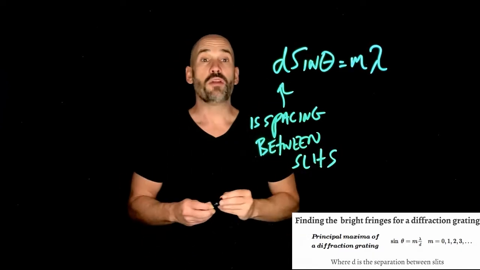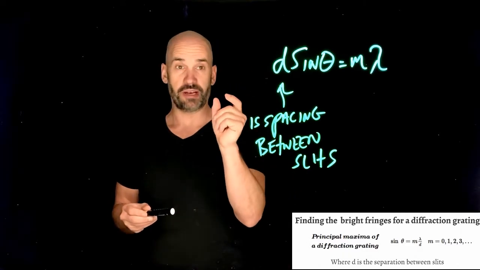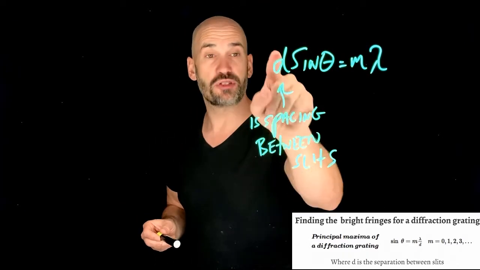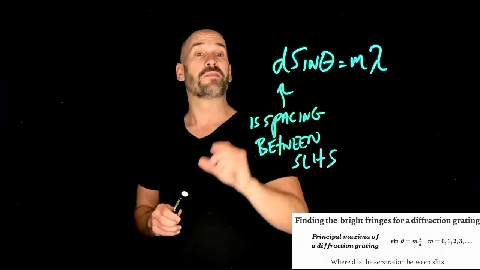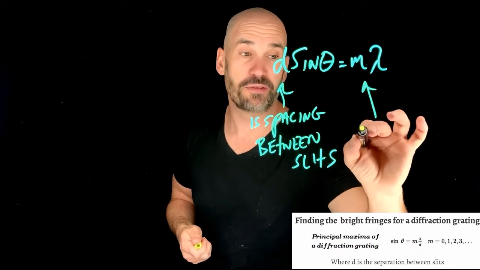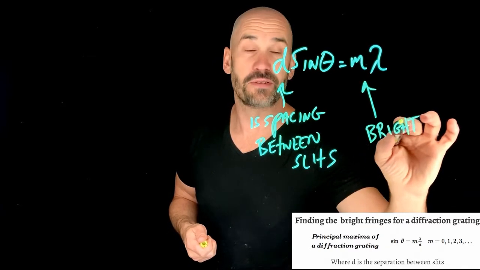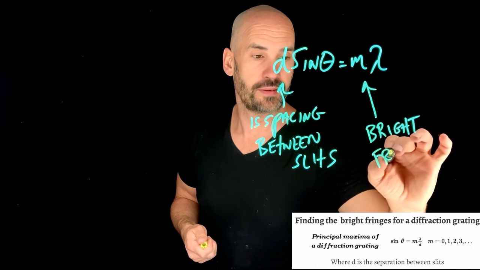Now notice it's not the width of the slits when we're talking about a diffraction grating. We're talking about the spacing between the slits, and for that reason, this relationship will give you the bright fringes for a diffraction grating.